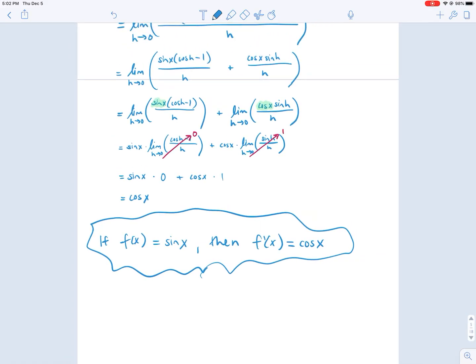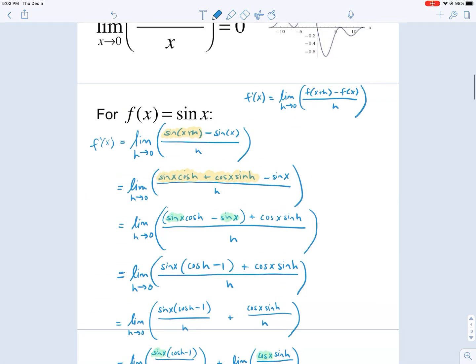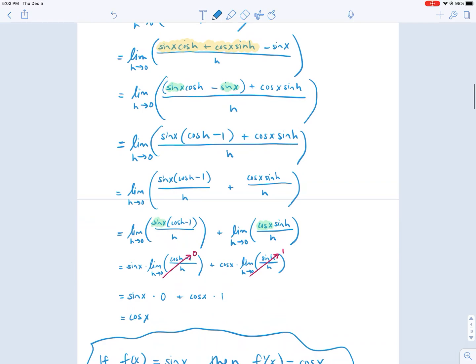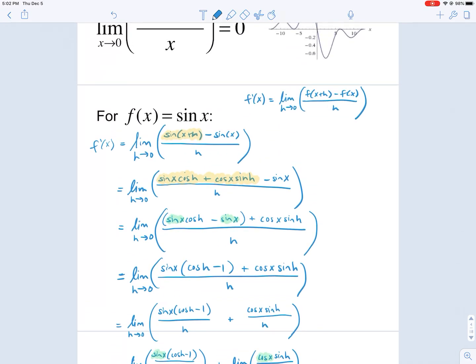Okay? So the derivative of sine is cosine. Because this is not the easiest derivation, I suggest just memorizing that the derivative of sine is cosine.